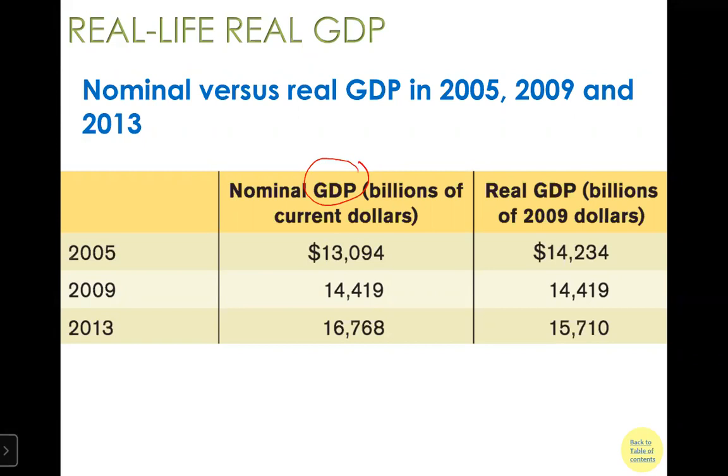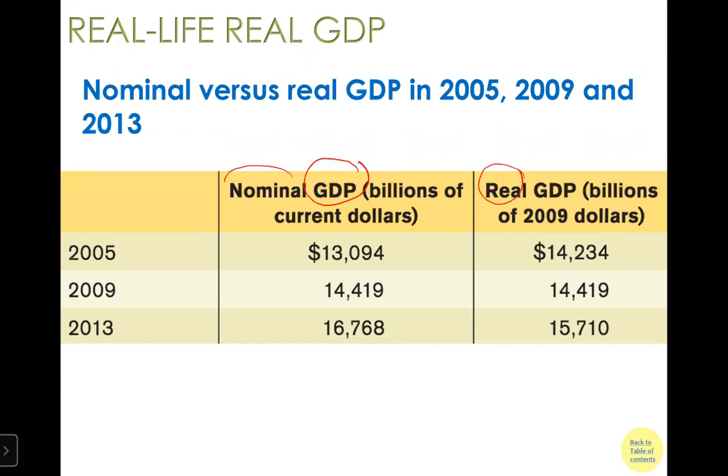That's nominal GDP. Remind yourself there are three different ways to calculate GDP, and make sure you understand those three approaches. They should give you the same number. So nominal GDP, and later we look at real GDP.